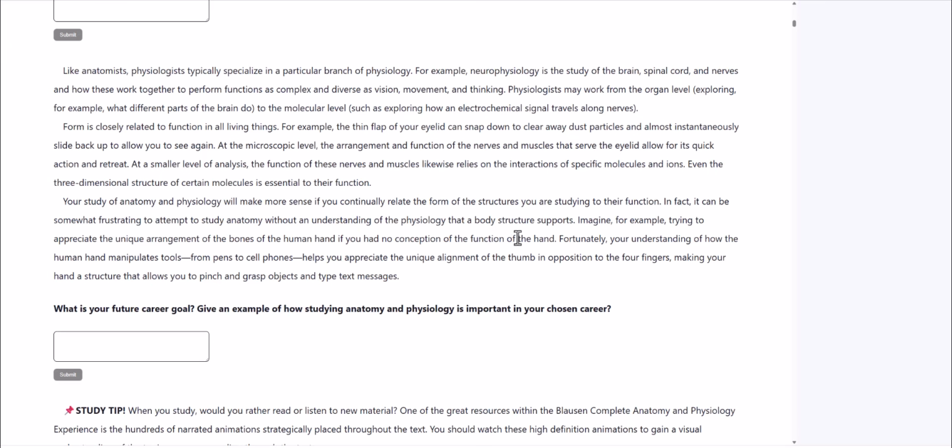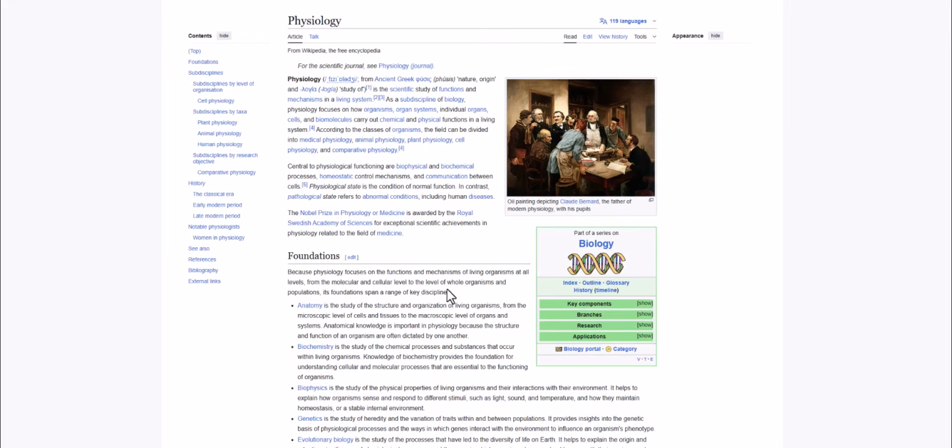You also can, at any place, let's say you don't know or you want a better definition of the word physiology, highlight that word, go down, look it up in Wikipedia, and you will now see the definition and a deeper dive into that term. So any word in the book that you're not confident about, scan it and look up its definition.